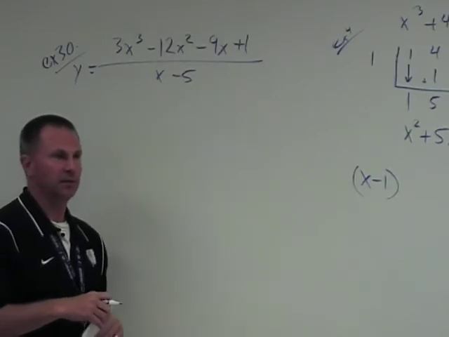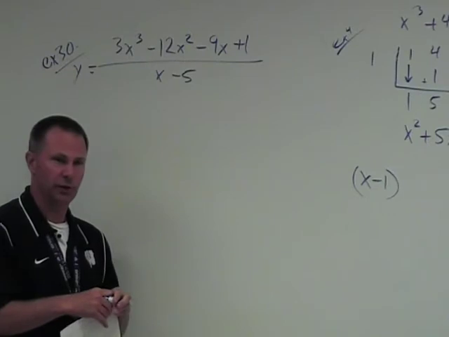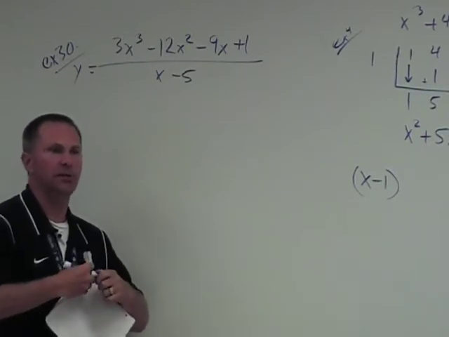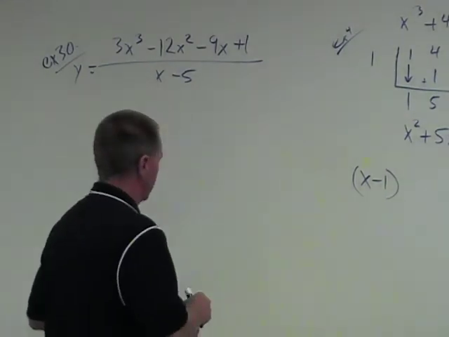I plug 5 in, okay? You say, well, you can't have 0 in your denominator. You're missing the point. I want to know if this is a factor. I want to know what my zeros are. Okay. Some of you are lost still.